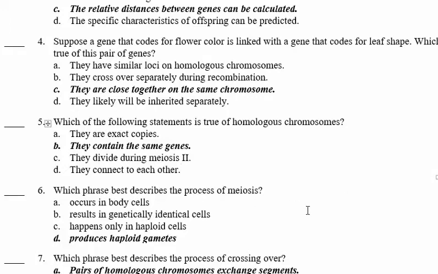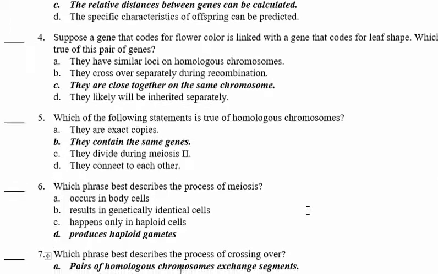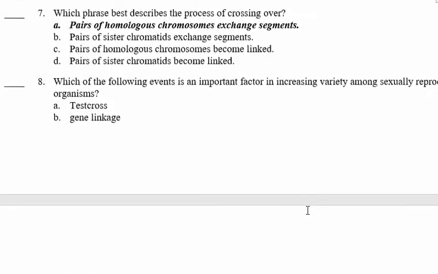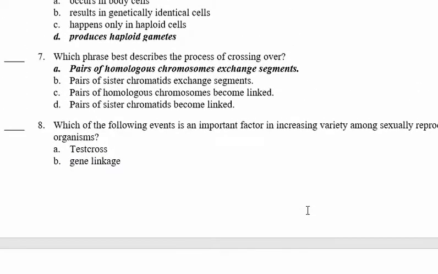Which phrase best describes the process of meiosis? It produces haploid gametes. We said that there are two types of cells. Cells that contain the full number of chromosomes are the cells present all over your body. So if I take a sample of a nail, of a hair, of the inside of your mouth, the mucosa, in all of these cases I'm going to get cells that contain 46 chromosomes.